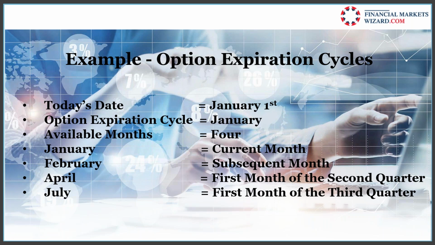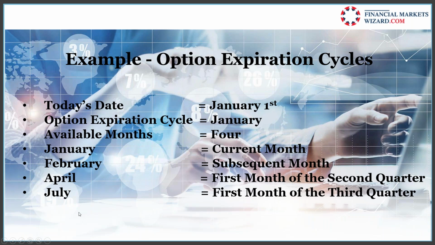We will only see January, February, April, and July. January and February are the current month and subsequent month, and April and July came because the option belongs to the January cycle.